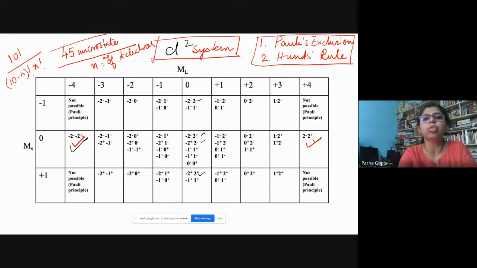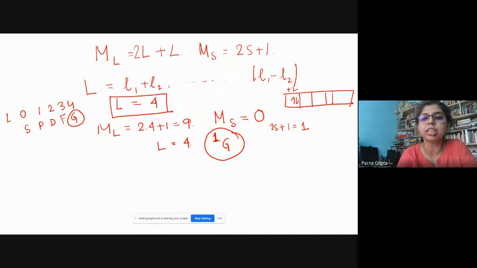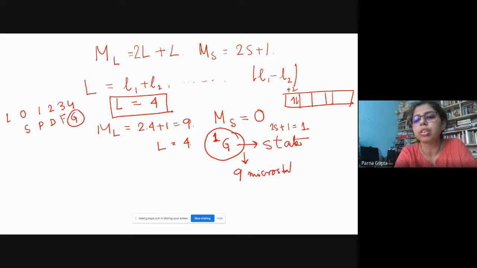So 1, 2, 3, 4, 5, 6, 7, 8, 9. 9 terms here. So you can just take this blue one as the total microstate. So this is the state, and under this there will be 9 microstates.